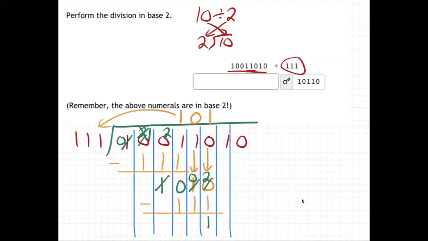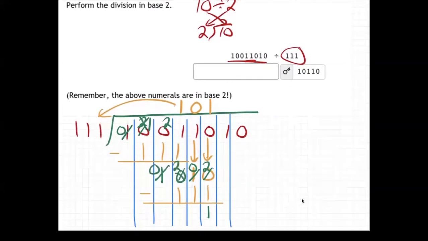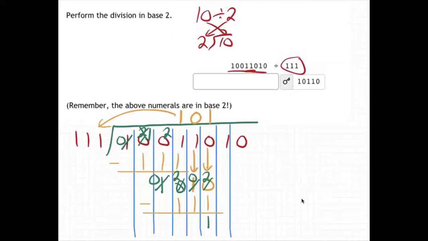So borrow from this guy, make him 0, bring 2 to him. But now he's got 2, because that's always what we borrow in base 2. We always borrow 2. Now we can borrow from him, make him 1, bring this guy 2. 2 minus 1 is 1. The rest are 0. 1 minus 1 is 0, and this is just 0. I'm not going to fill those in. All right, we good so far?